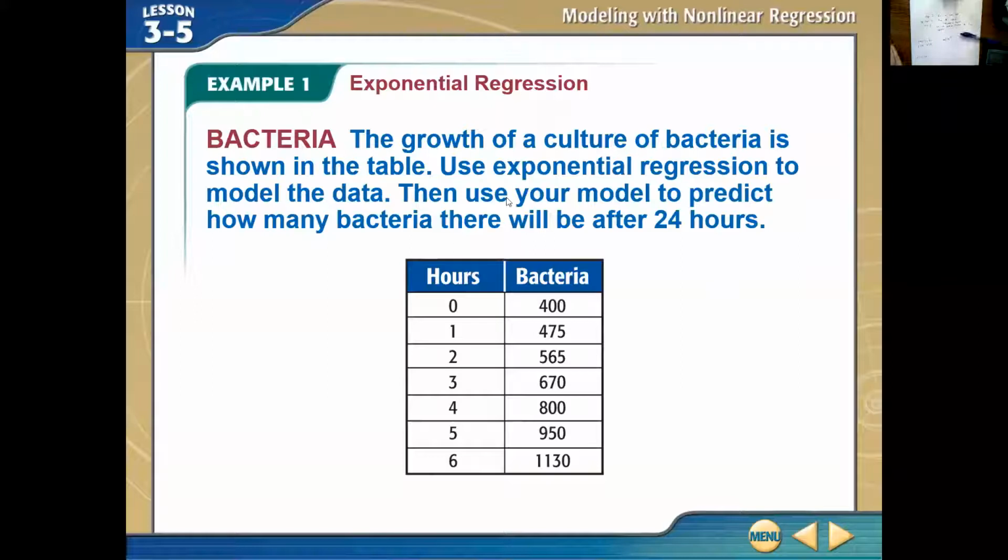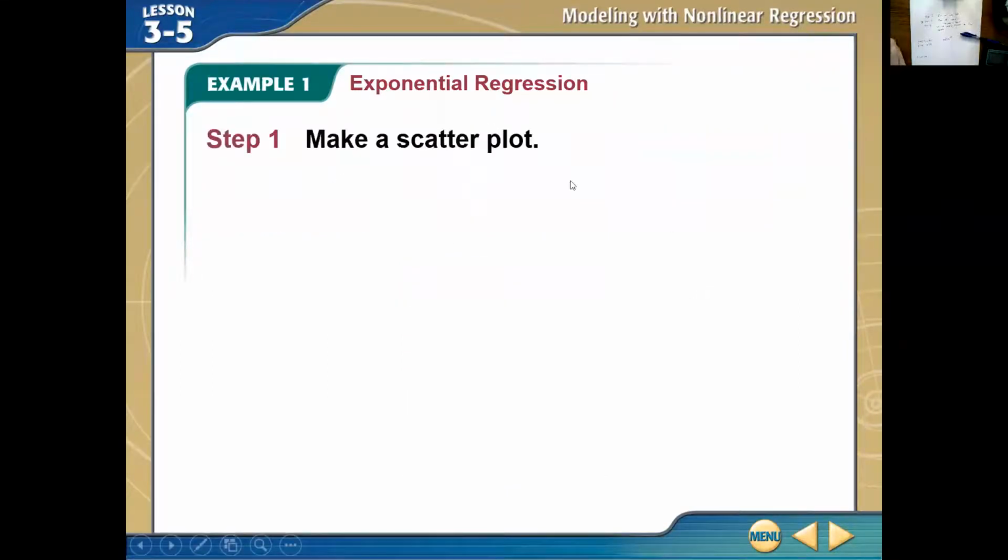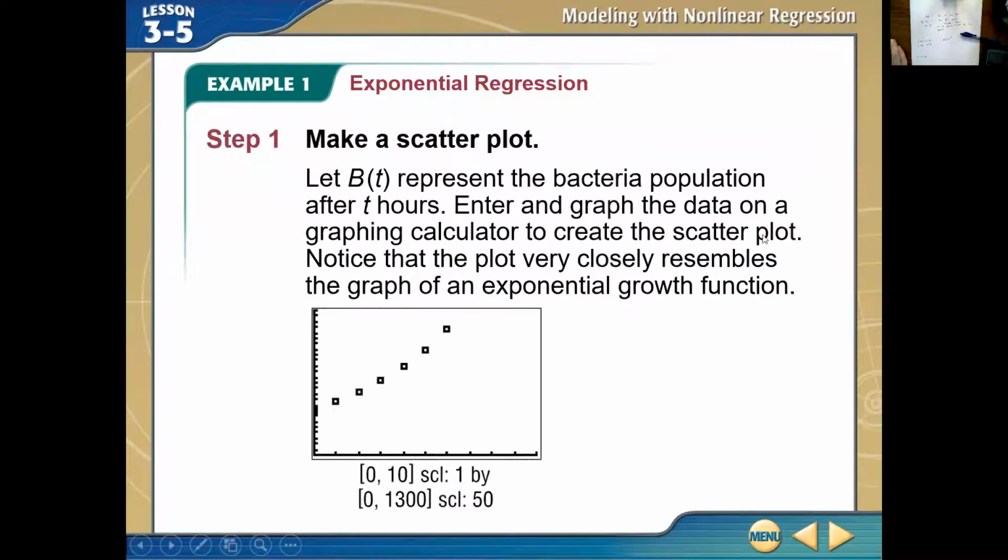So we've been given our data. Step one, they say make a scatter plot. That's entering your data into list one and list two in the stat plots. And you can see from looking at this that it looks like an exponential growth function.